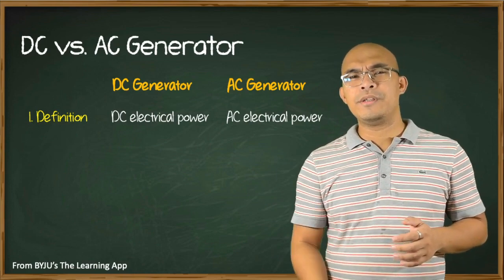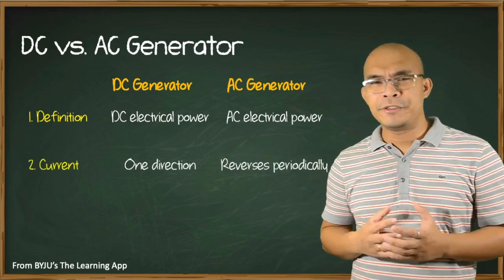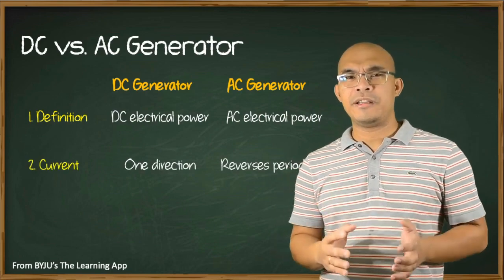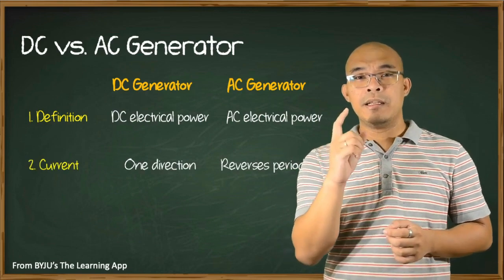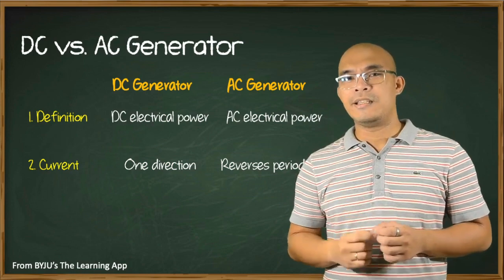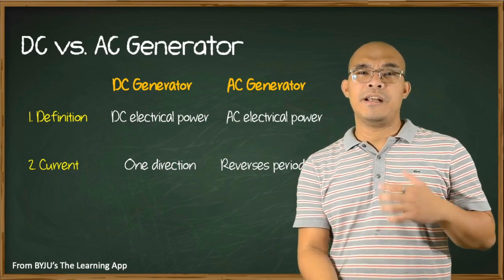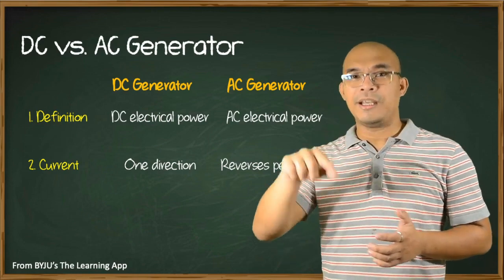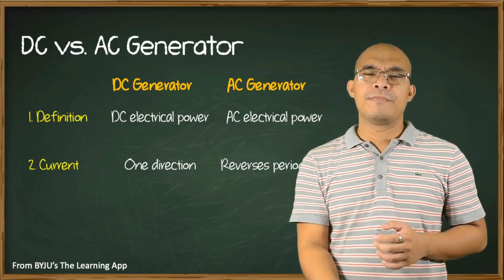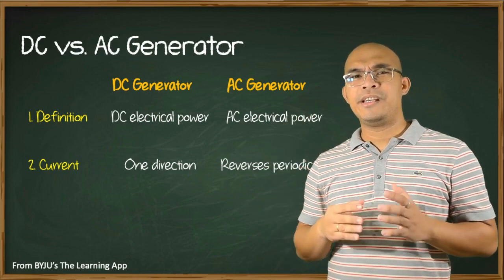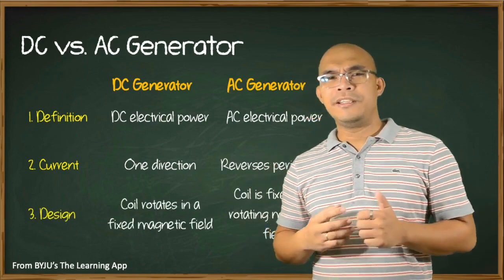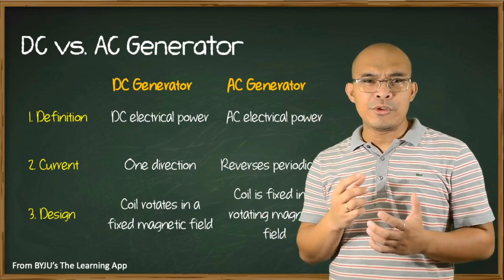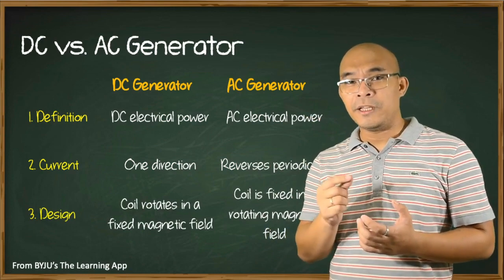So with respect to the direction of current, in a DC generator, the electrical current flows only in one direction, while in an AC generator, the electrical current reverses direction periodically. When considering the basic design, in a DC generator, the coil through which the current flows rotates in a fixed field.